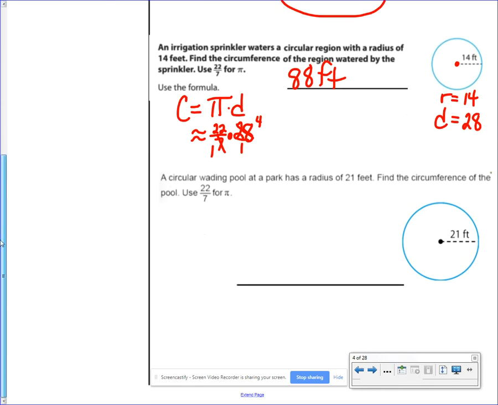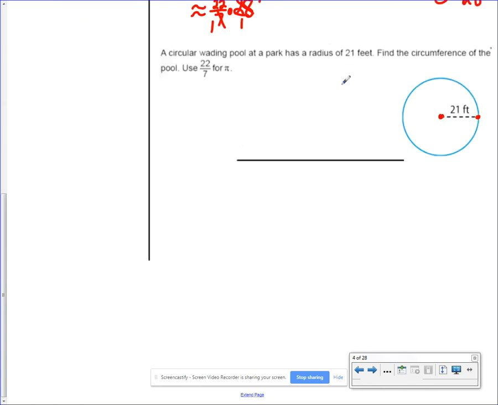Let's look at another one. Here's another circle. Radius is 21. This is a circular wading pool at the park. Find the circumference of this pool. That's the distance around. My formula says take pi times diameter. This time they are asking us to please use the fraction 22/7 as our approximation of pi.